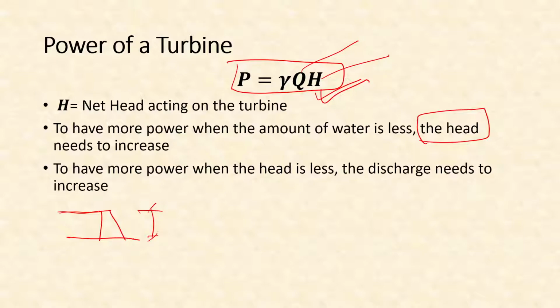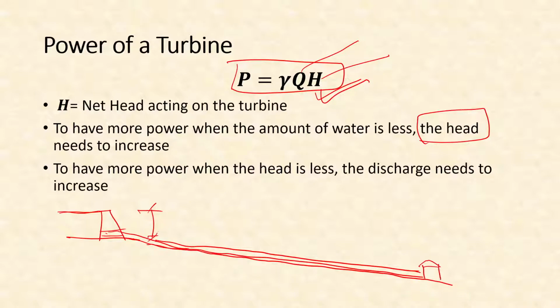But instead, since the river is going to flow downwards, if we can carry the water up to a much lower location, somewhere around here, and put the turbines here, then we'll have much greater head, and therefore we'll have more power.